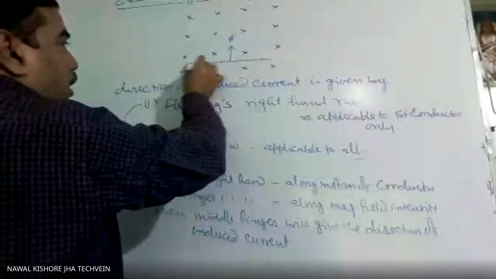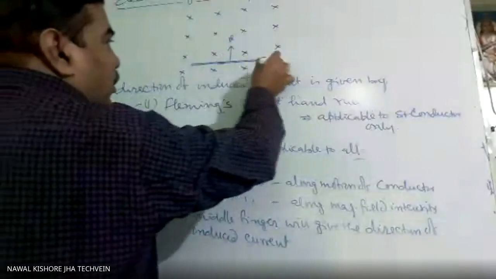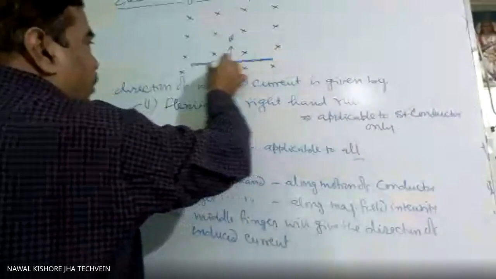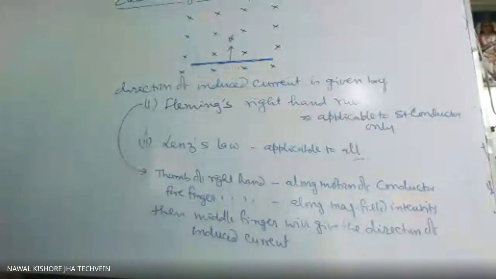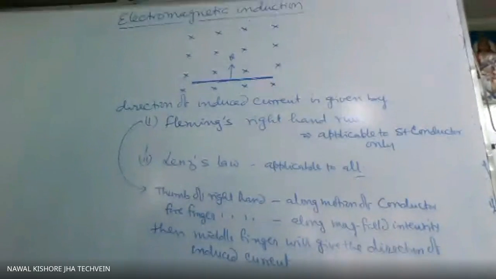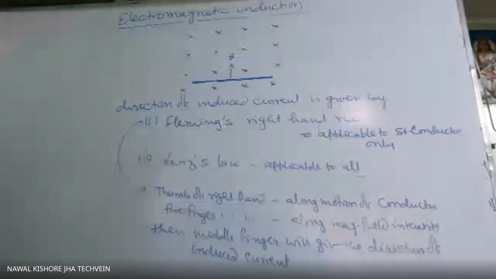Then you will be asked what will be the direction of induced EMF, or the direction of induced current. Mainly we will find the current direction. So if we apply this right hand rule, what will it be?